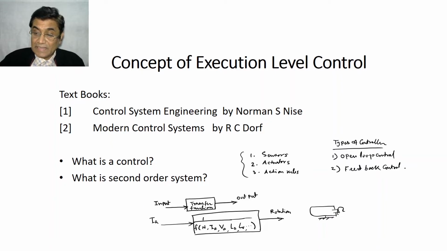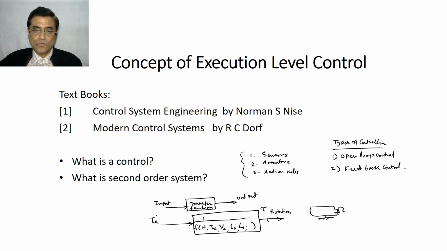But this is the transfer function. It creates a functional relation taking into account all these parameters: armature current, armature voltage, line current, and number of turns. Based on that you will get some torque, which will eventually rotate the motor.